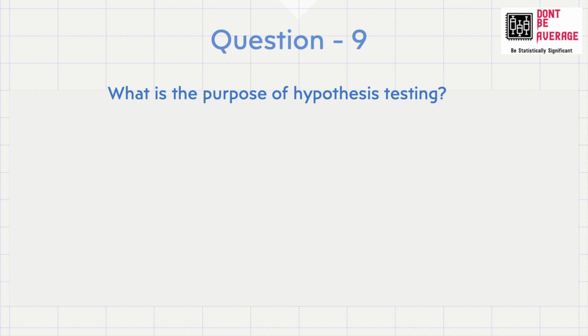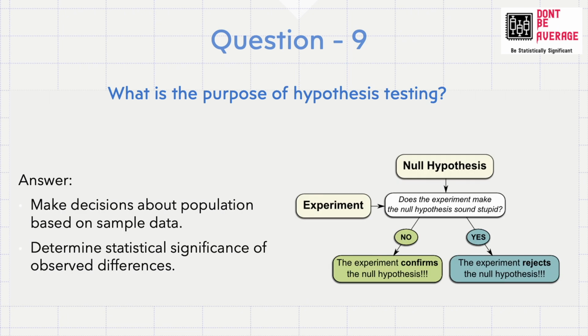Question number 9. What is the purpose of hypothesis testing? Hypothesis testing is used to make decisions or draw conclusions about a population parameter based on sample data. So the thing that I was explaining in the last question, that we are trying to infer about the population using the sample.